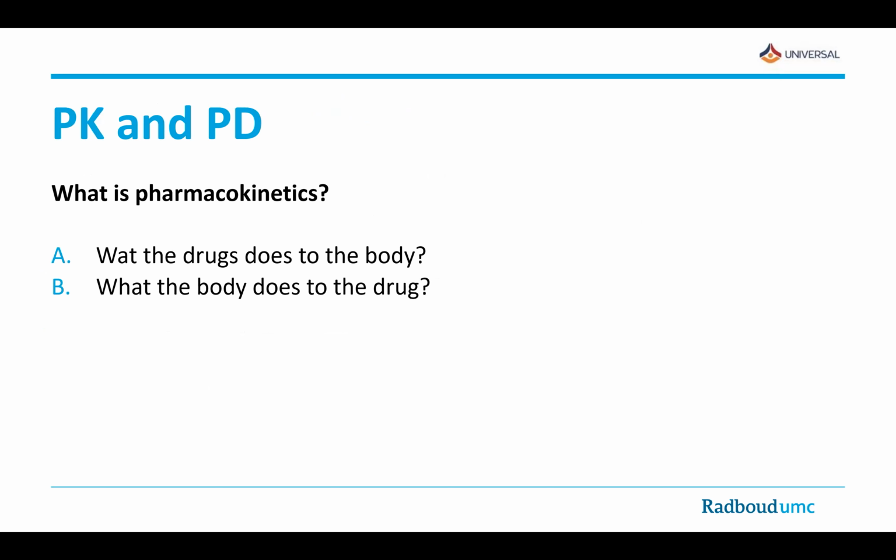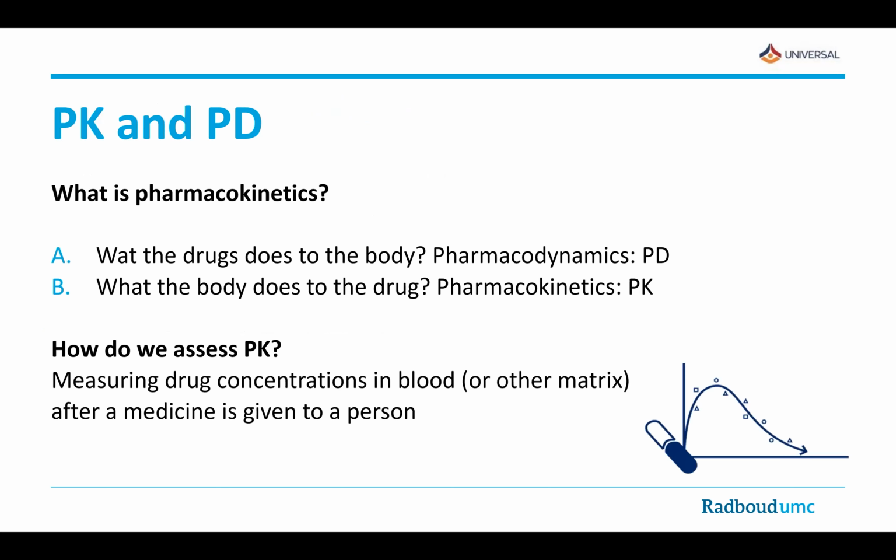Okay. So what is pharmacokinetics? Is it what the drug does to the body, or is it what the body does to the drug? Well, pharmacokinetics is what the body does to the drug. If we talk about what the drug does to the body, we talk about pharmacodynamics. We assess pharmacokinetics by measuring drug concentrations in the blood or in other matrices after a medicine is given to a person.